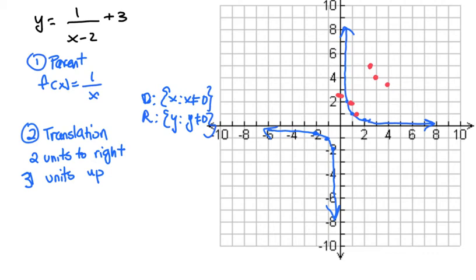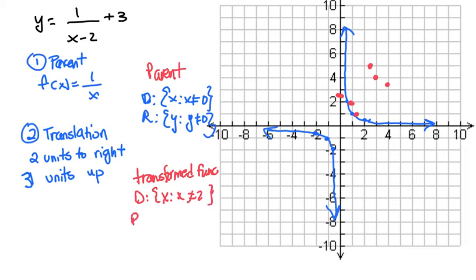So we know this was for the parent. For the transformed function, the domain is x can't be 2, and the range is y can't be 3. So what is x not equal to 2?